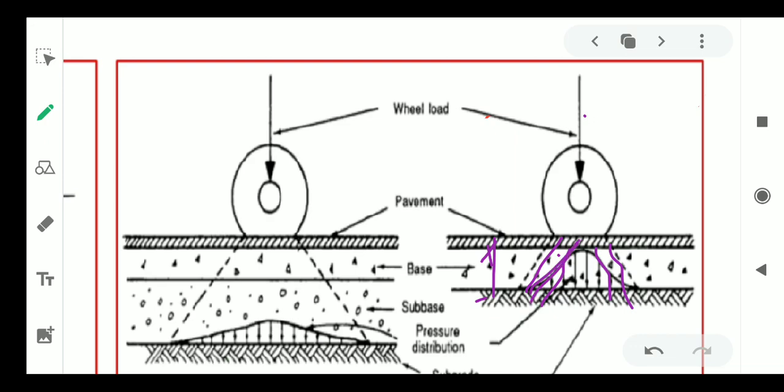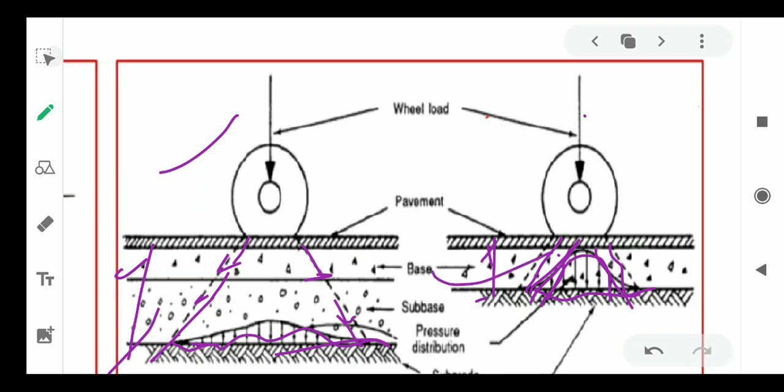The load is distributed over a very small contact area, so the stresses induced are very high. But in this figure, in case of sufficient thickness, the stresses are distributed over a large area, and due to the large area, the intensity of the load is reduced, so it affects the pavement very little compared to this.